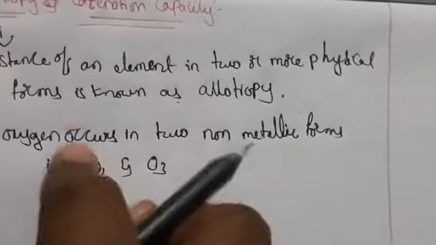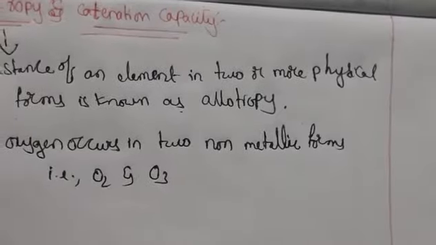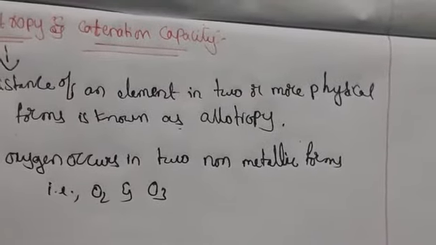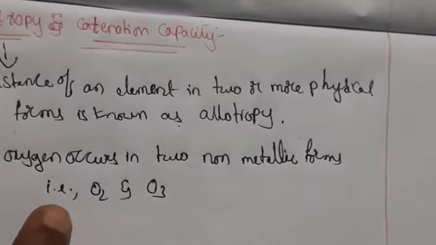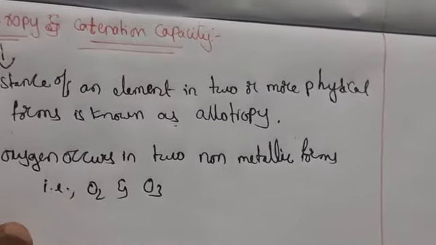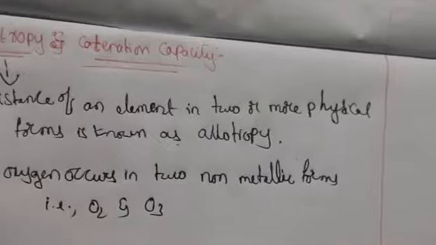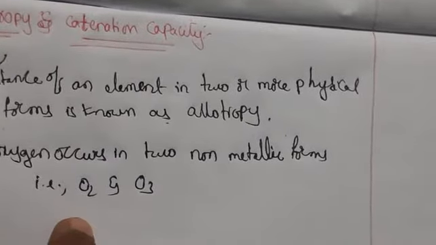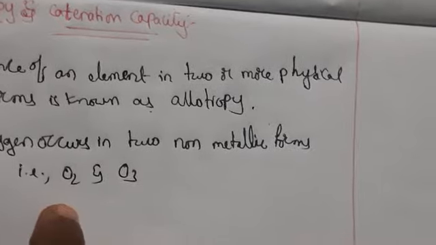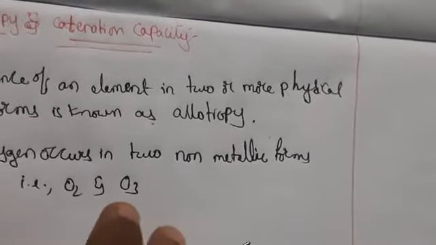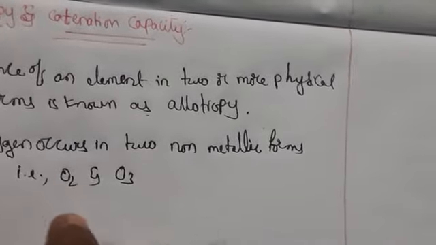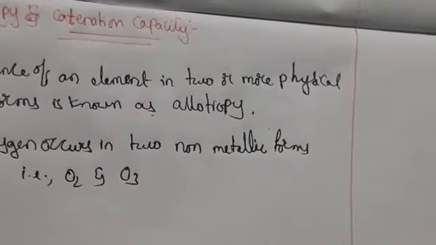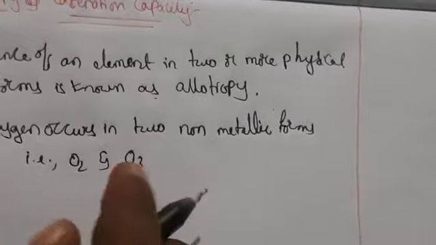O2 is paramagnetic, containing two unpaired electrons as per the molecular orbital diagram. Ozone is a triatomic allotropic form of oxygen, and it is unstable because it decomposes, as we have seen in the preparation of ozone. Now let us see about sulphur.